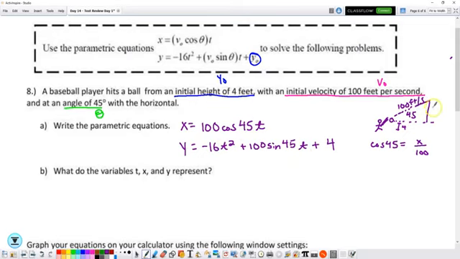Setting up, I could set something up where this is y, and then this would be sine, and then this is y. So that's interesting to note for those of you who are like, wait a minute, remind me where these came from. Now, what does t represent? I want to go back to my explanation here to pull out some units. I see that we are working in seconds, so I immediately know that t is time in seconds since the ball is hit.